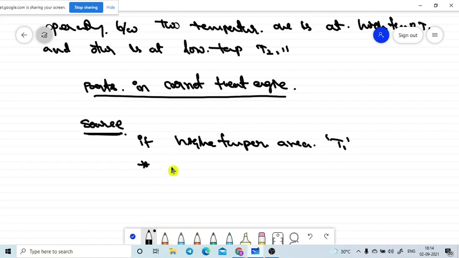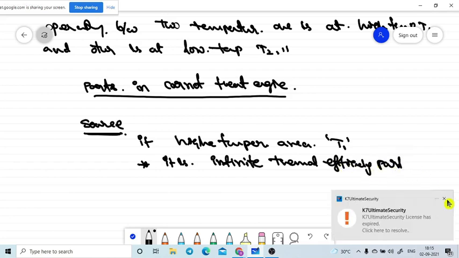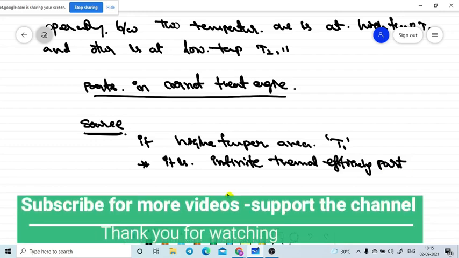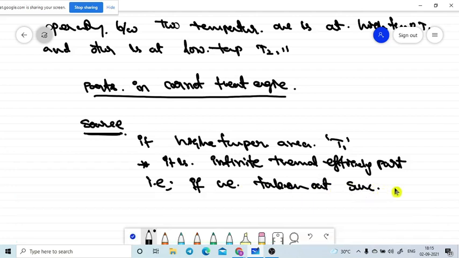It is an infinite thermal efficiency part. So what does infinite thermal efficiency mean? If we take some amount of heat energy from the source, the source temperature should not drop down.